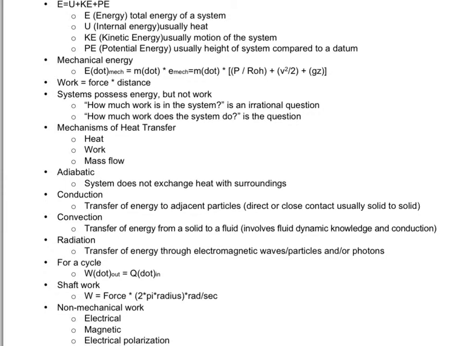It has to do with an object that has a radius and is turning, then your shaft work will be a function of both the radius and how fast it's moving, and how much force is being done on everything as a whole.